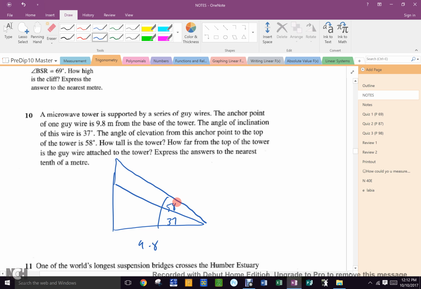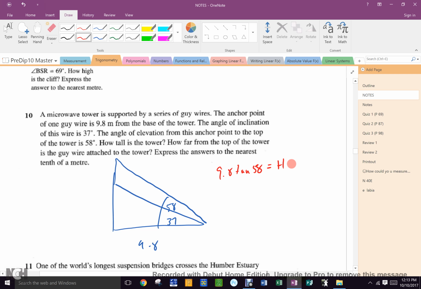So that's how you needed to do it, right? So you needed this distance and this distance. Or did you? Let me read that question. Angle of elevation from this anchor point to the top is 58. How tall is the tower? Oh, so height of the tower, you only needed the 58, right? So that would have been opposite over adjacent. 9.8 tan 58 equals height, right?